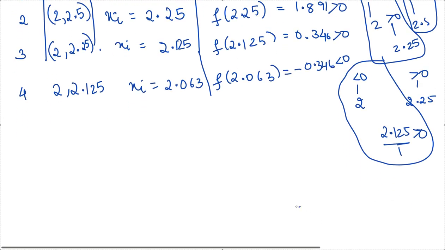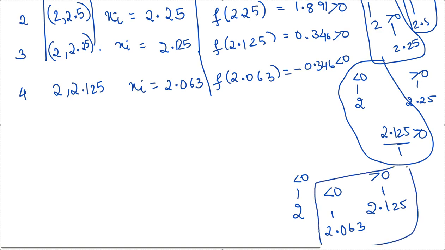We have 2 which was giving us less than 0, then 2.125 which was giving us greater than 0. Now in the middle we have 2.063, and it is also giving less than 0. So we will shrink the interval, where one should be less than 0 and the other greater than 0. So we will not take this part because it will not be helpful anymore. Now we are shrinking the interval this side.